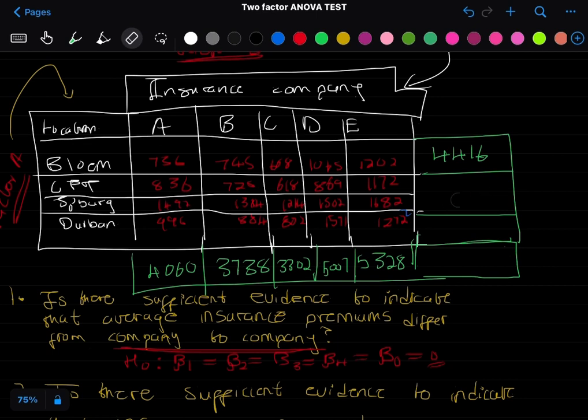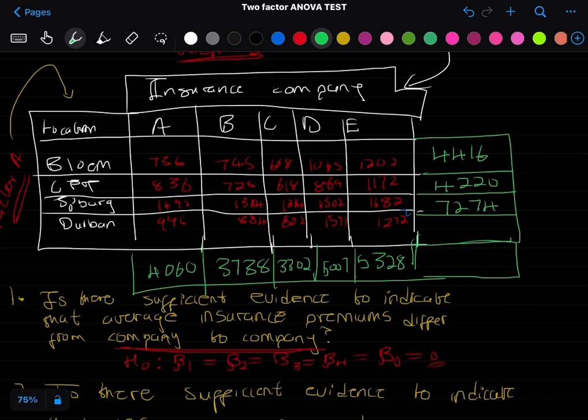I think I messed up my row there. It will be 4220, and then 1492 plus 1384 plus 1214 plus 1502 plus 1682, which is 7274.